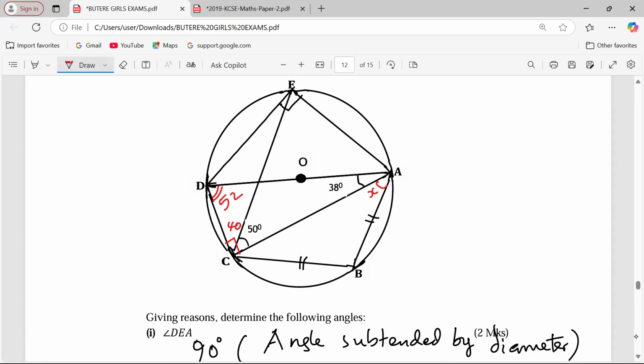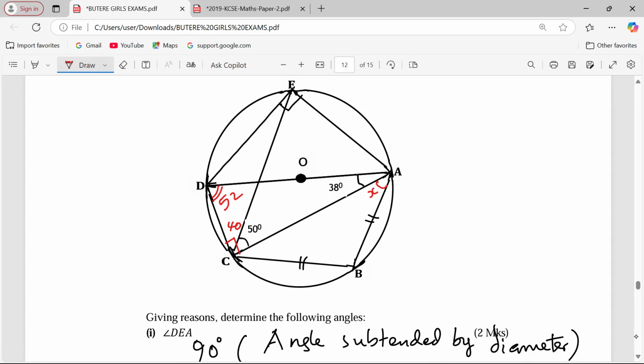If that angle is 52, we can follow the concept of opposite angles in a cyclic quadrilateral. What is a cyclic quadrilateral? A four-sided figure whereby all the vertices are touching the circumference of the circle. ABCD is a cyclic quadrilateral. Therefore, opposite angles in a cyclic quadrilateral are supplementary.